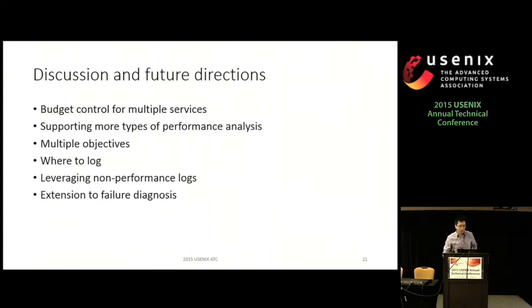For example, we can enable budget control for multiple services. Currently, log square is designed for one service and its corresponding logging system. So if one physical machine has several services, we can build an upper level layer to reallocate the budget for each service, which may be more reasonable for the machine's I/O throughput.